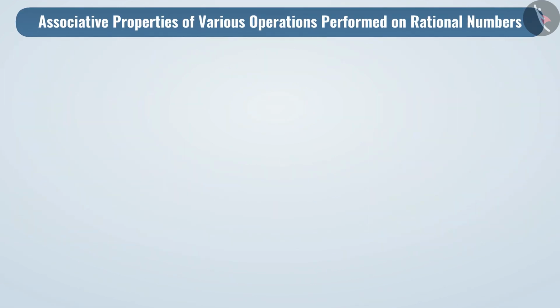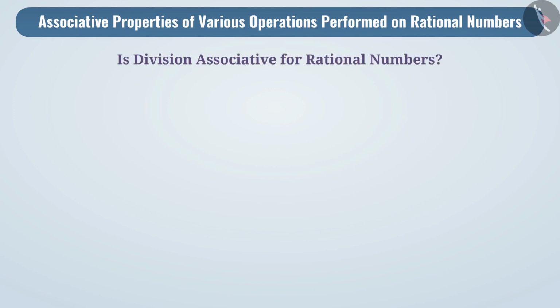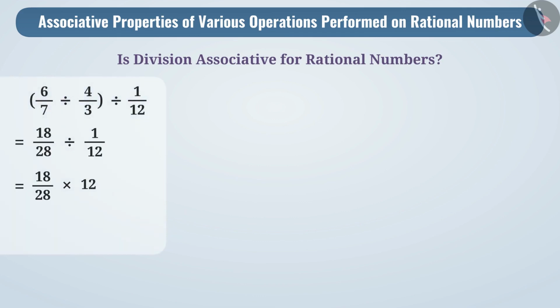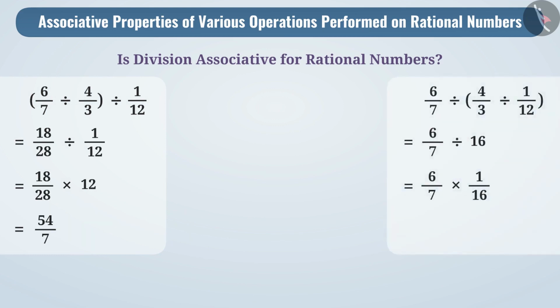Similarly, let us find out whether division is associative for rational numbers. If we simplify 6/7 divided by 4/3 divided by 1/12 in this way, the result will be 54/7. But if we simplify it in this way, we will get the result 3/56. In both the cases, here the result is not equal.